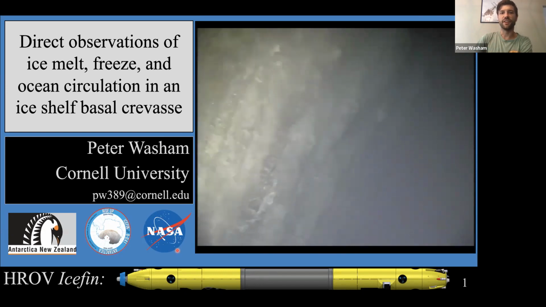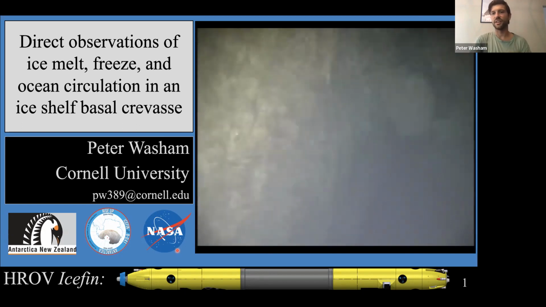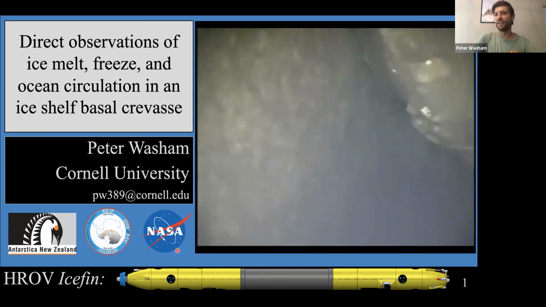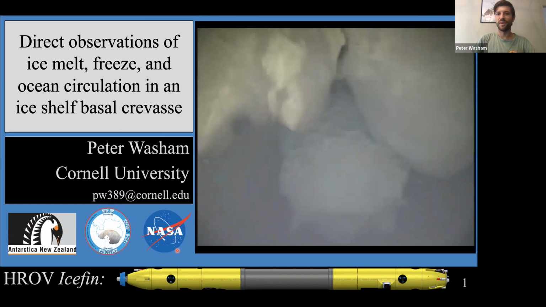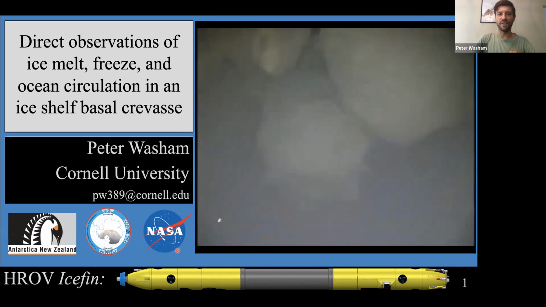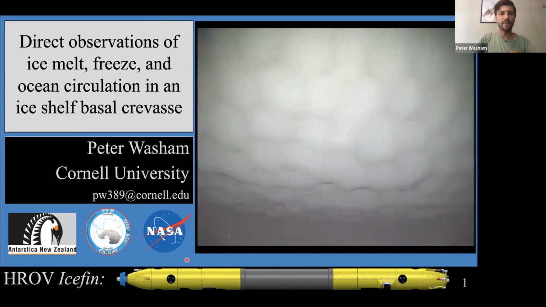This green fuzzy ice is marine ice that's been accreted, whereas the white stuff below is snowfall meteoric ice that's now melting. At the top of the crevasse, there are these really cool stalactites, I believe is the right term, of ice hanging down. Pretty wild observations.